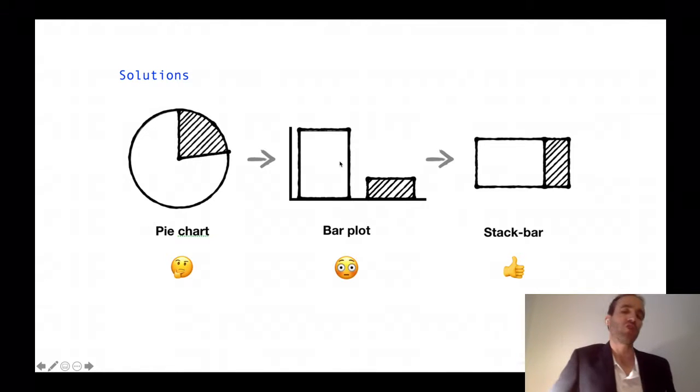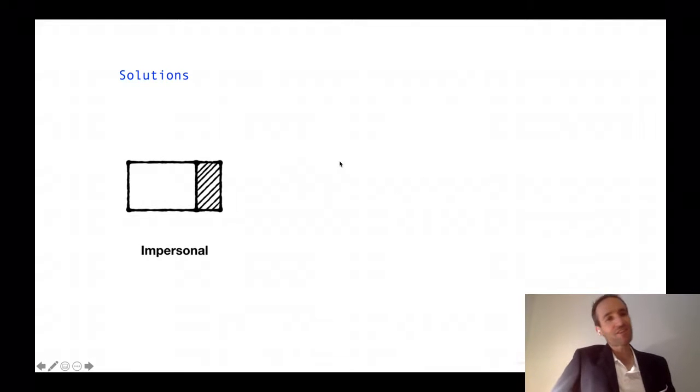A more neutral option is the stack bar, where you display the genders horizontally, right? The problem with the stack bar is that it's not very memorable. And remember what we say in the first talk, if you make a chart and nobody likes it on Facebook, did you really make it?